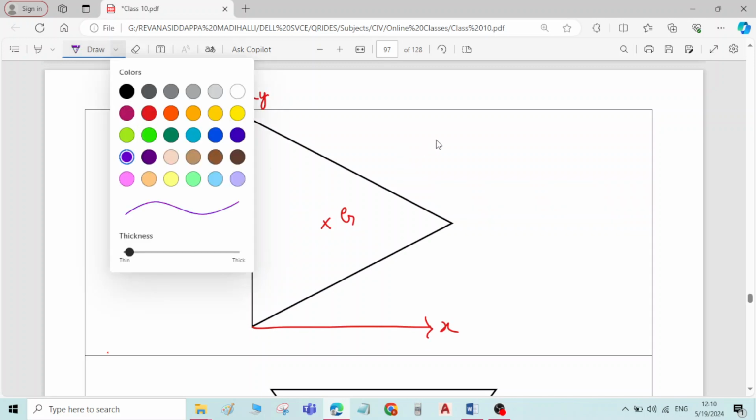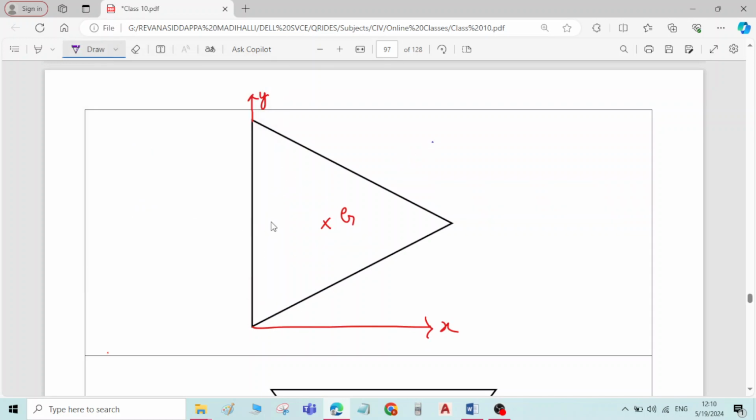Now the triangle is in the first quadrant, therefore x bar is equal to plus h by 3 and y bar is equal to plus b by 2.